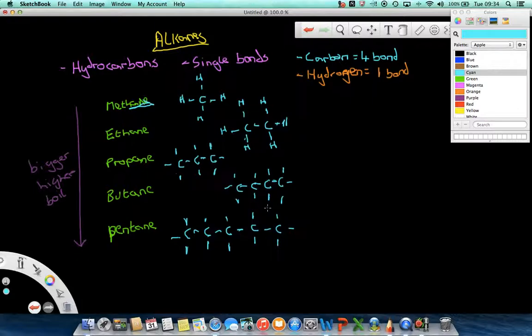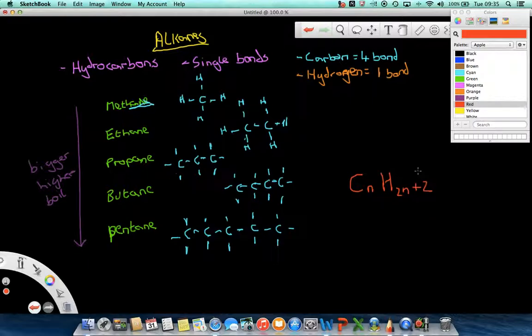Okay, we can summarise how many carbons and hydrogens there are in an alkane by saying the general formula is CnH2n+2.